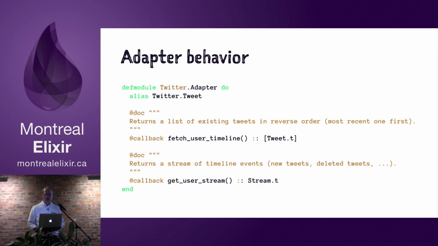This is saying that the function fetch user timeline will be returning a list of tweets, the structs I just showed you here. So this first function returns a list of tweets, and the second function will be returning a stream. All right? And by the way, a stream is a core data structure in Elixir.